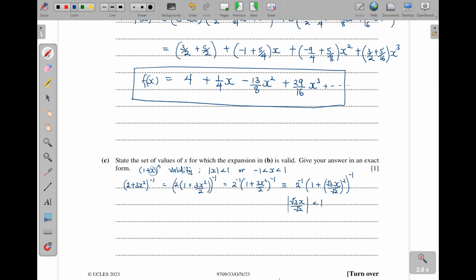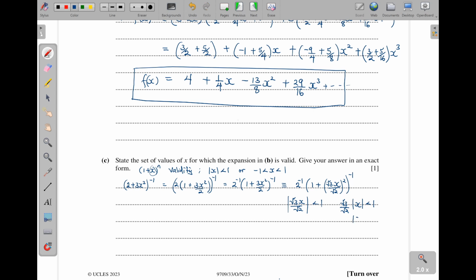So then using the properties of modulus, this coefficient of x here is going to go out, okay? So I will have root of 3 over root of 2, then the modulus of x, which is less than what? 1. So meaning I'm going to multiply all through by root of 2 over root of 3 to take it away from here.